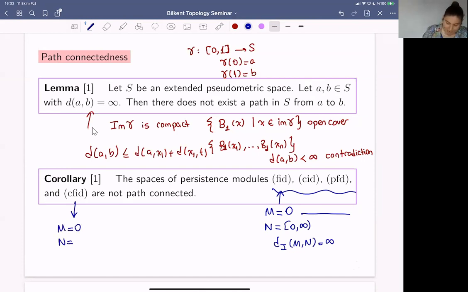And again, N is equal to, so let me cheat, the sum over K from 1 to infinity of the interval module 0K. These two elements are both in the set of countably finite interval decomposable, but the interleaving distance is infinite. So we can say that these spaces are not path connected.